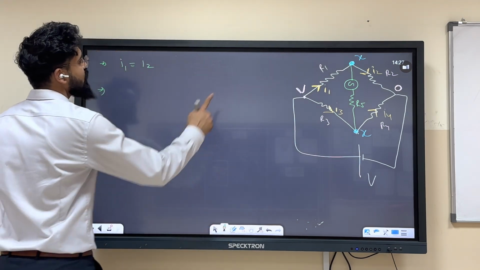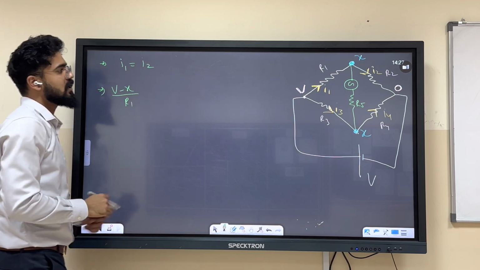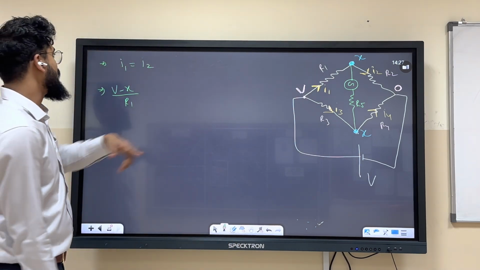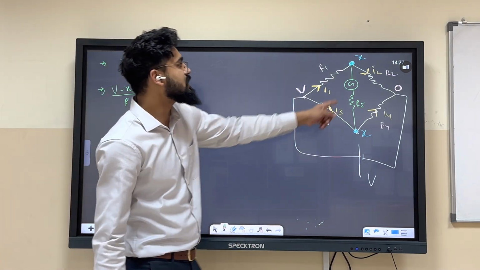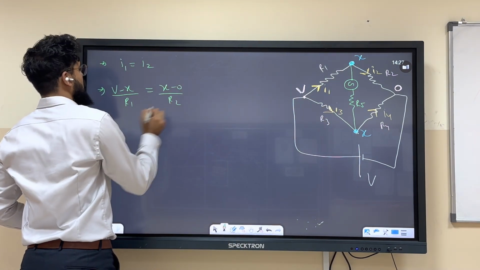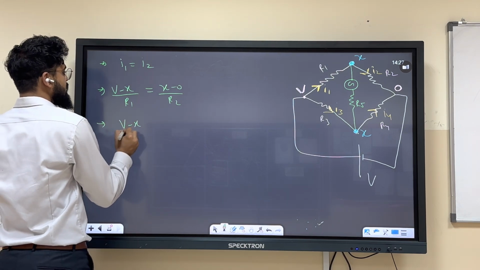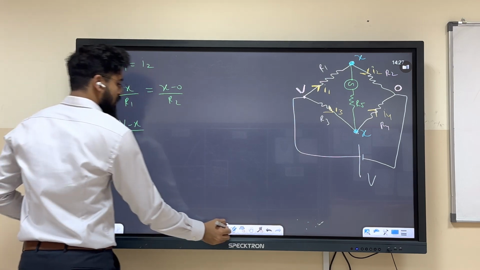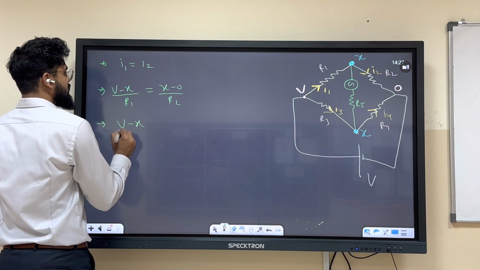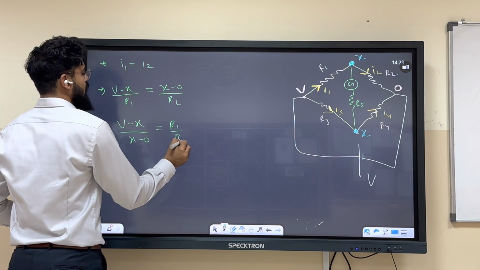The potential difference for R1 is V minus X, so V minus X upon R1 equals the potential difference across R2, X minus 0, upon R2. So from here, V minus X upon X minus 0 equals R1 upon R2.